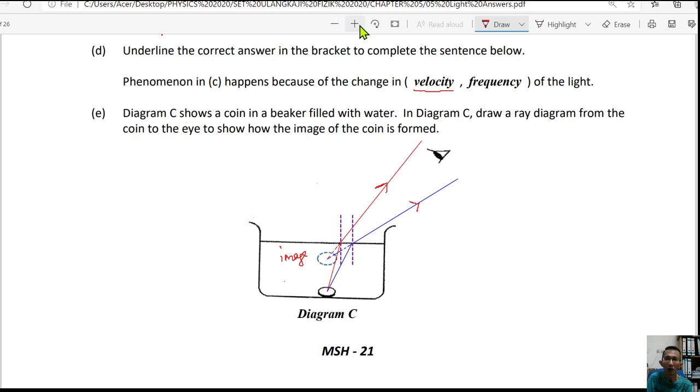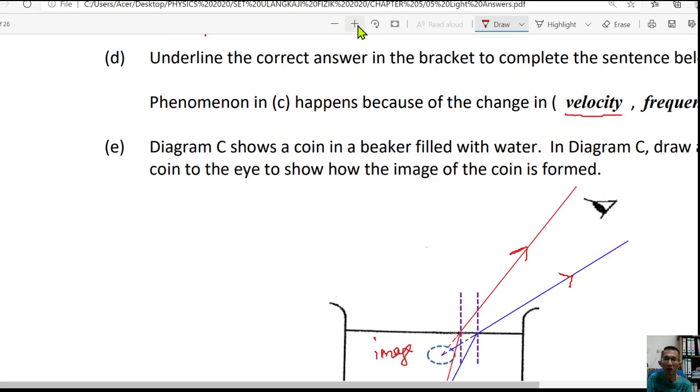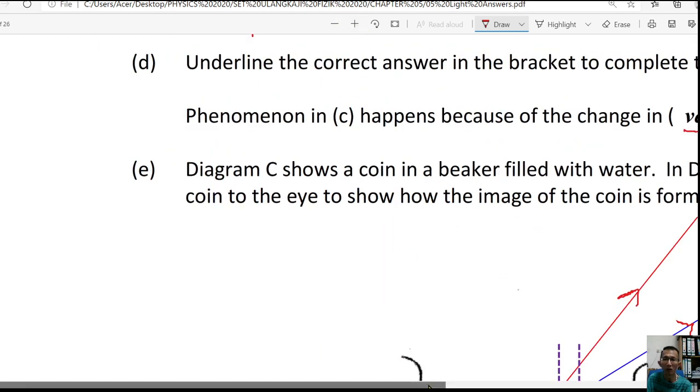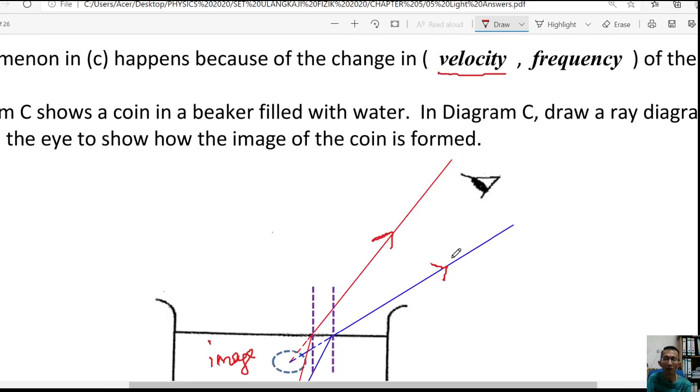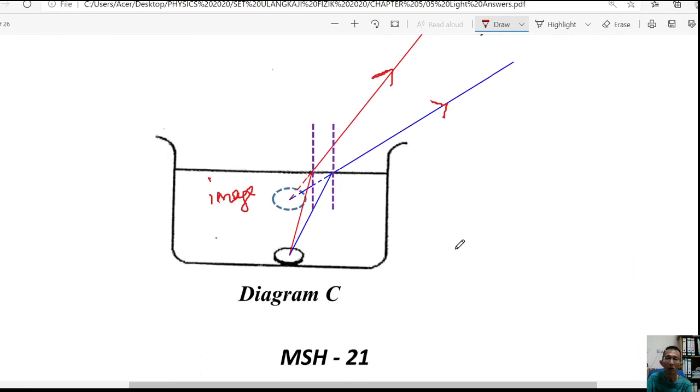Okay, so let's make the picture a bit bigger so that you can see clearer. Okay, so this is my normal. Same thing goes to this one, this is actually our normal.